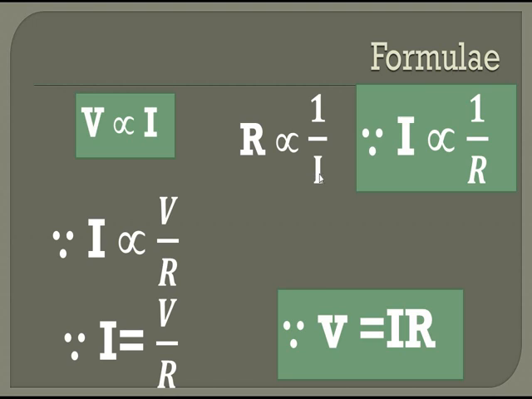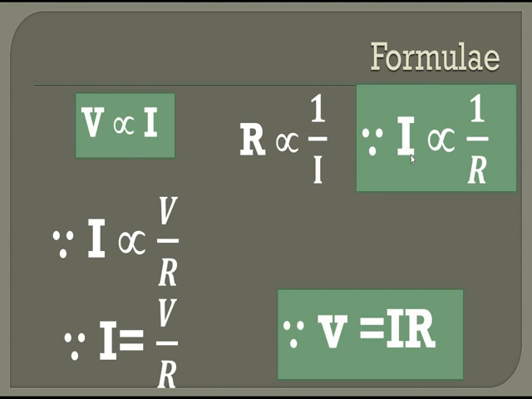So we rearrange this second equation. Current is on this side and R is on this side, so current is inversely proportional to the resistance. Then by using this equation and this equation, we can write I is directly proportional to V and I is inversely proportional to the resistance.